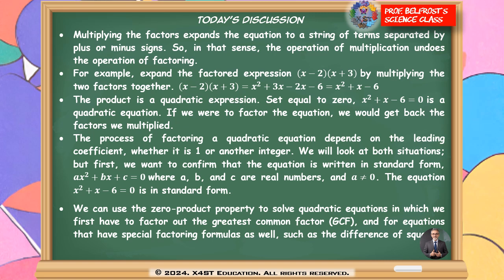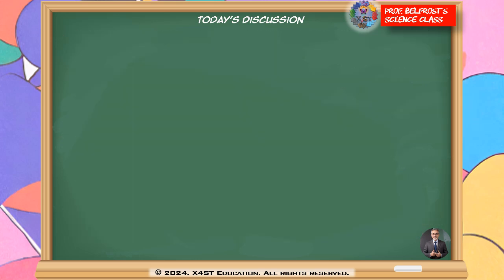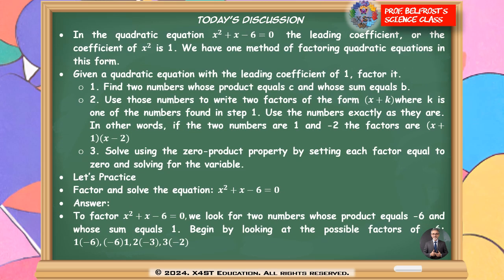How do we solve this? Say that we have an equation of ax squared plus bx plus c equals 0, with a not equal to 0. Then you can factor it by finding the greatest common factor, the GCF, which is rather easy.